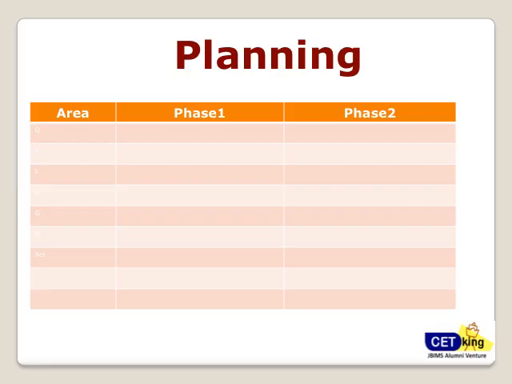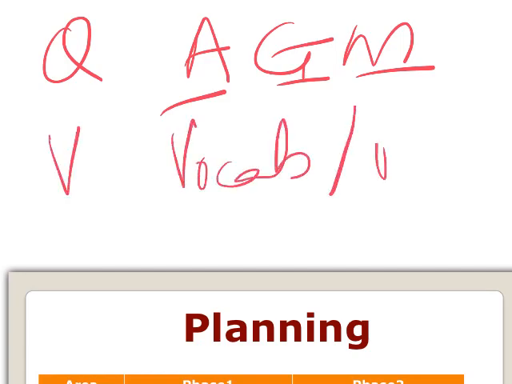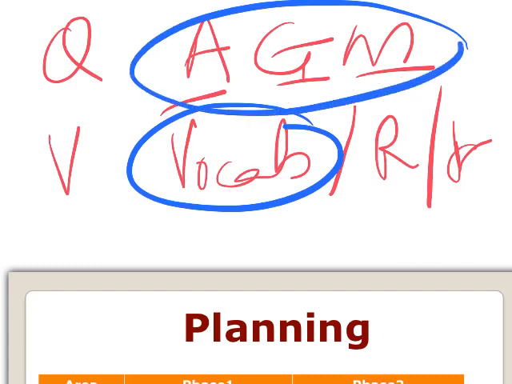Alright, for the last few days, few months remaining for the exam, whatever time remaining you have right now, within quant you have to mainly work on AGM, arithmetic, geometry and modern maths. Fine. For the verbal section, please focus on vocab, RC, para completion, para jumble, with 80% focus on vocab. In Quant, 90% of the paper is going to be from these 3 topics.